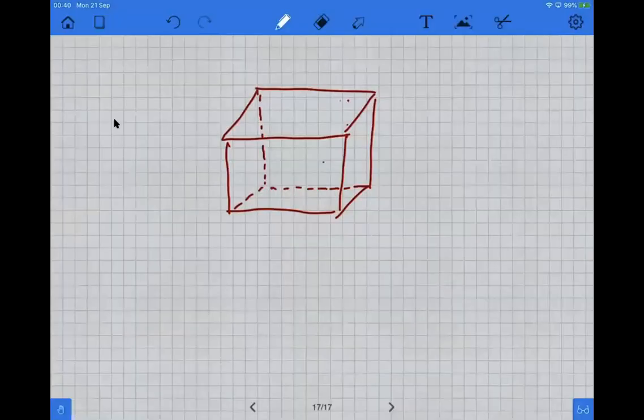If I call this side face P, the front one Q, the back one R, and this S, so these are the side faces. Q is the front face, R is the back face, P is on the right side, and S is the left side.